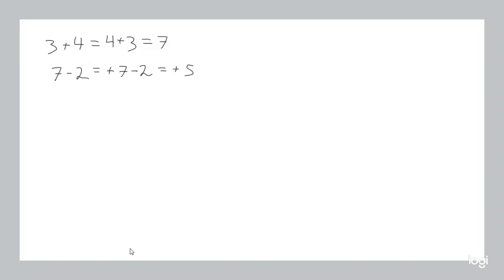Not how you're used to thinking about these types of operations. But here's what's going on. Every number is either a positive number or a negative number. Think of the sign in front of the number not as something that is being done to the number, but something that is a property of the number. This is a negative 2. This is a positive 3.